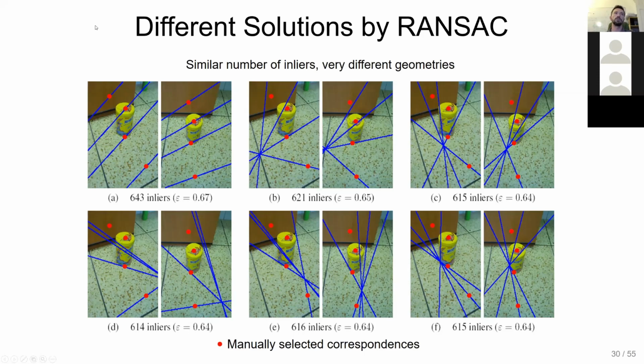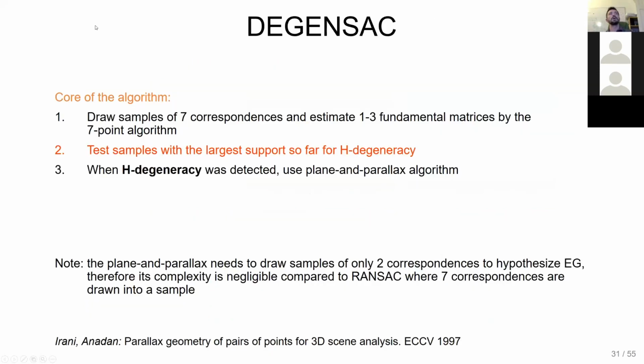so it might be difficult to determine between those unless you explicitly go for detection of degenerate configurations. So how would RANSAC work in estimation? You draw samples of 7 correspondences, you get 1, 2, or 3 fundamental matrices, then you test the sample, which is quite efficient. You need to perform just, I think, 5 tests on 4 tuples.